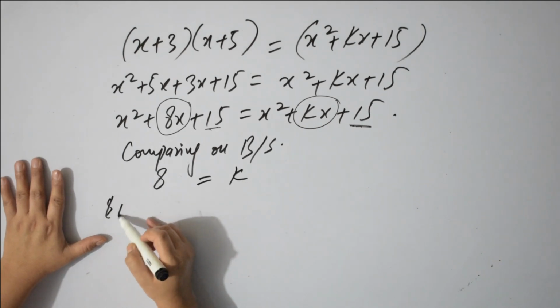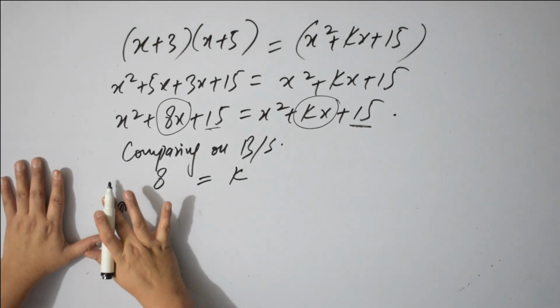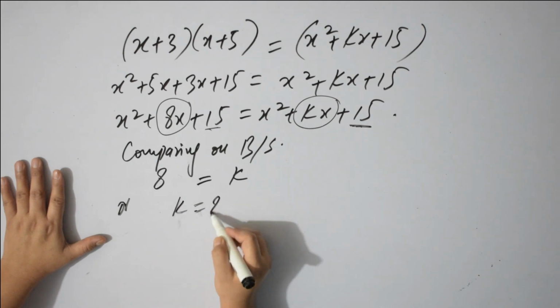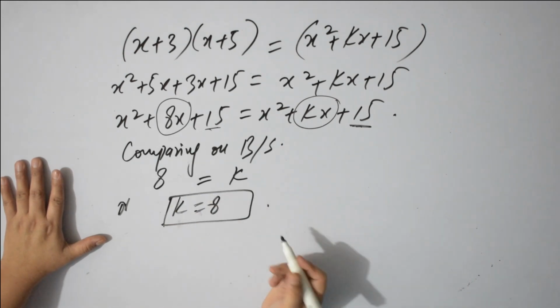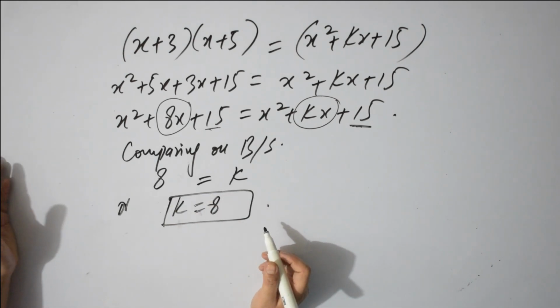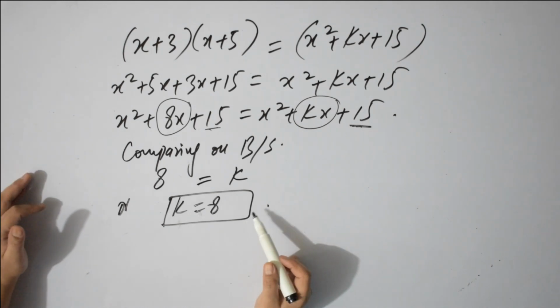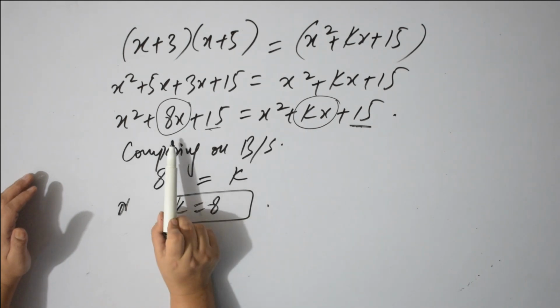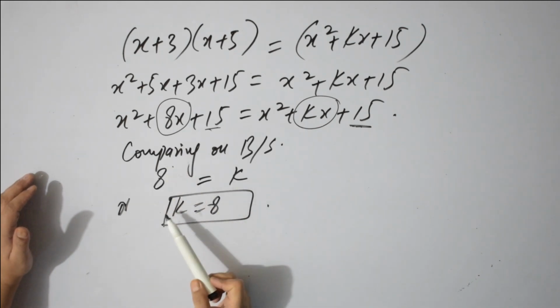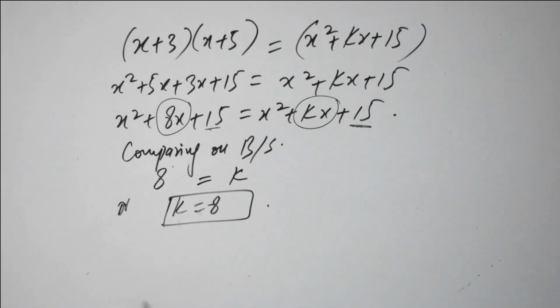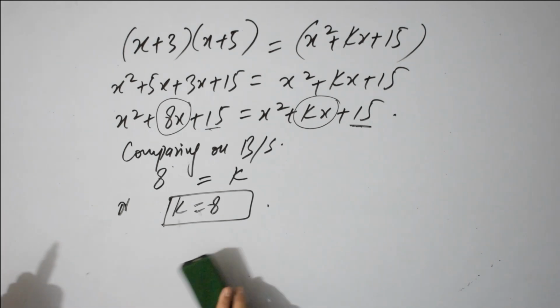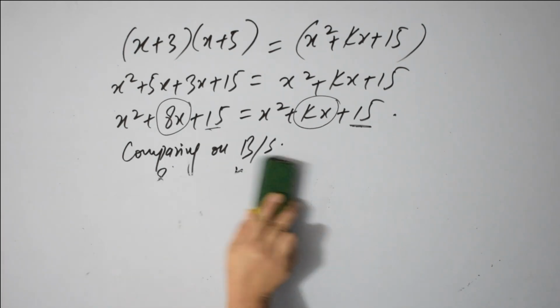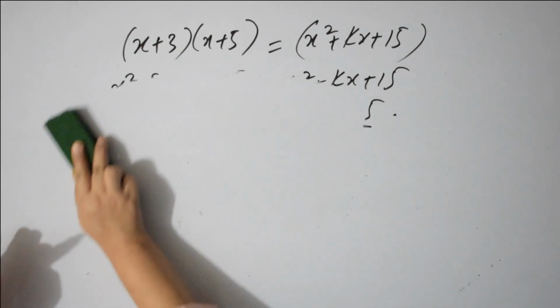So k is equal to 8. This is very simple. Directly by comparison I got the value of k, that is 8. So I have done with this question number 10.